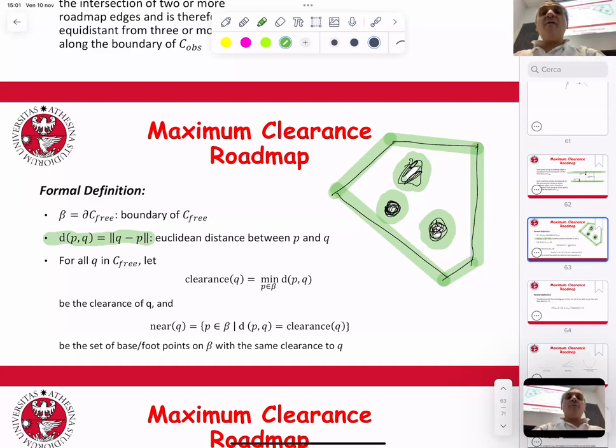For every point in the configuration free space, you can define the clearance as the distance to the point that belongs to the boundary of your obstacles, or of your free space, because they are the same. You can see them as boundaries of the obstacles or of the free space. Which is the closest to your point.